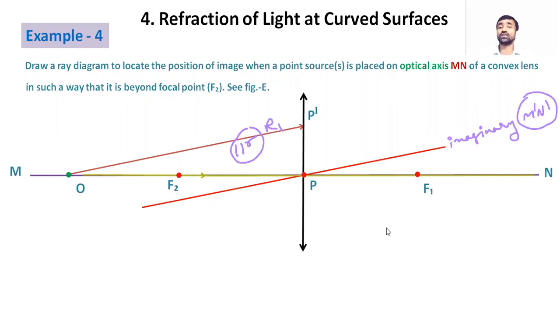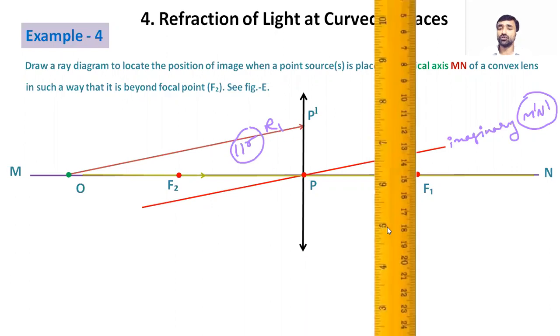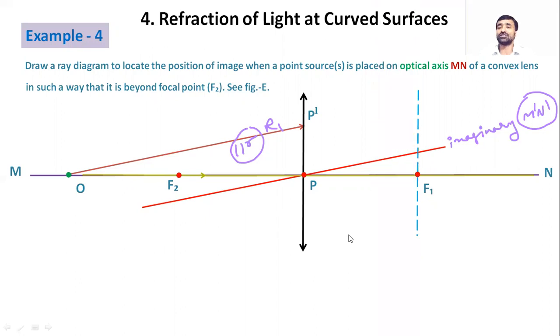We need to construct the focal plane. So use F1 as the focus on the principal axis MN. Then cut a line perpendicular to the principal axis MN, as you see here. This is called the focal plane. Where the red imaginary principal axis and this focal plane coincide, that point is the imaginary focus, given as F0.